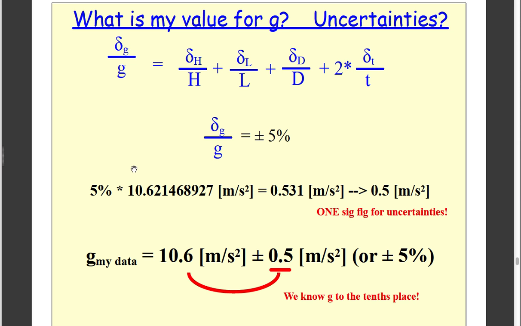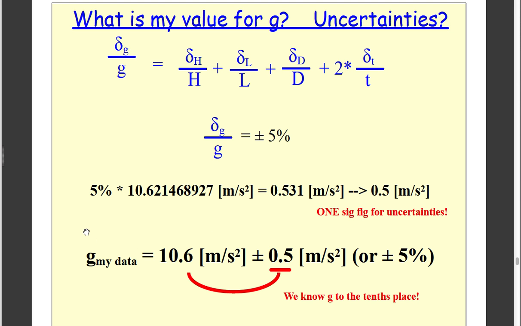You take 5% of that, and I get 0.531 meter per second squared. Remember, we only want one significant figure for our uncertainties. So I'm going to state my uncertainty as 0.5 meter per second squared. Or I could state it as plus or minus 5%.